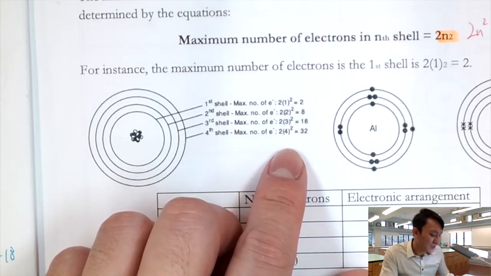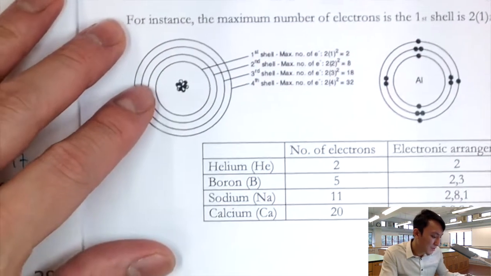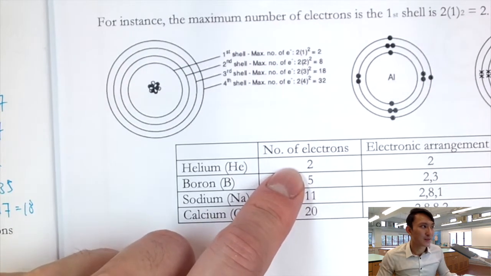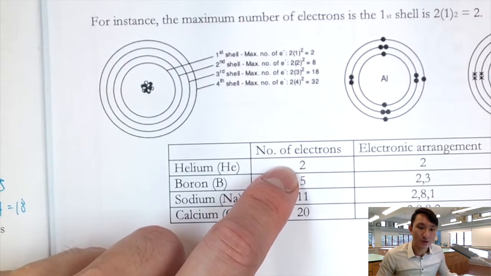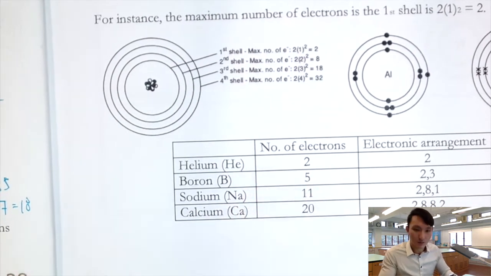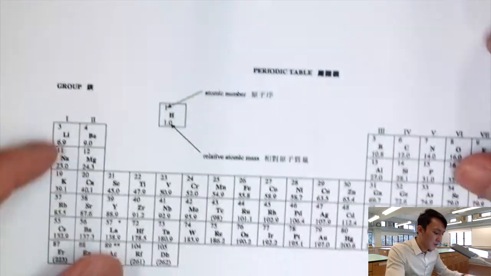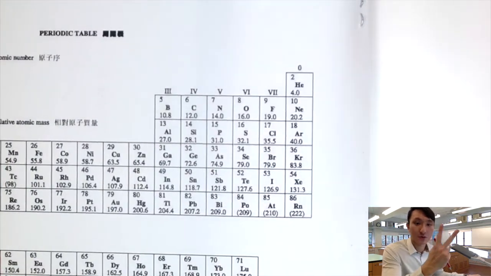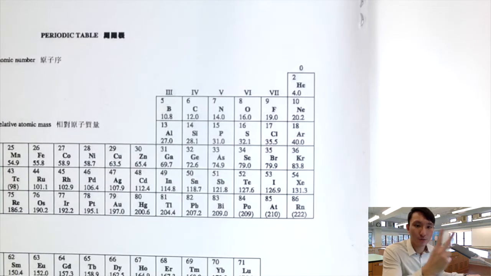That's the idea. So if you look at some examples here, for example, helium has altogether 2 electrons. Why does it have 2 electrons? It's easy, because when you check the periodic table, helium's atomic number is 2. That means it has 2 protons.